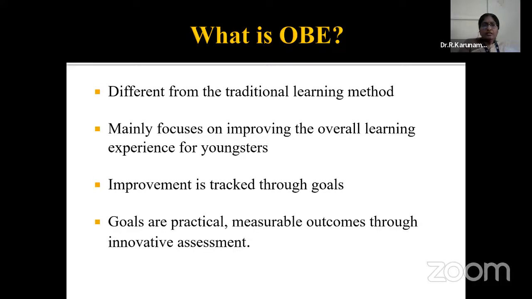It is different from the traditional learning method. It introduces a lot of strategies. It provides a very big platform to test different skill sets of the students. These are all the reasons how outcome-based education is being adopted at multiple levels.